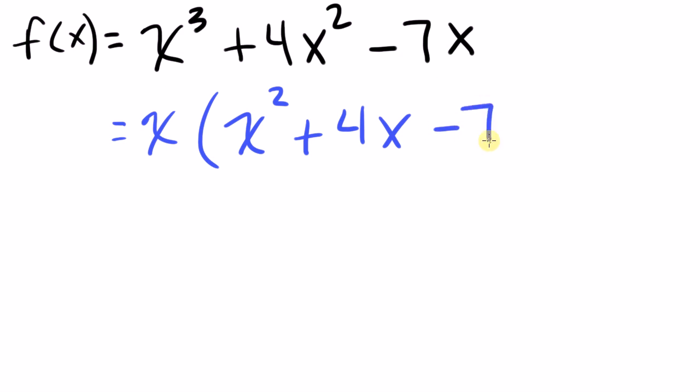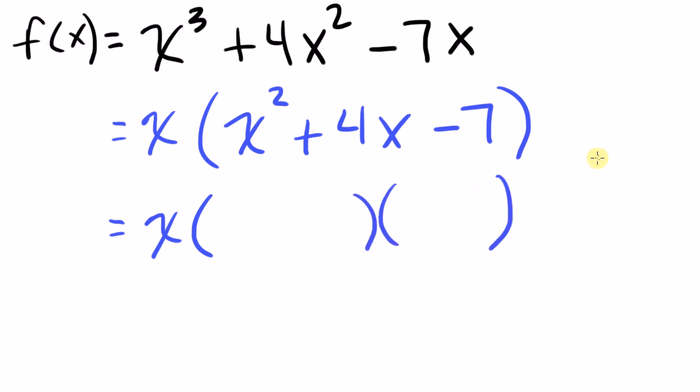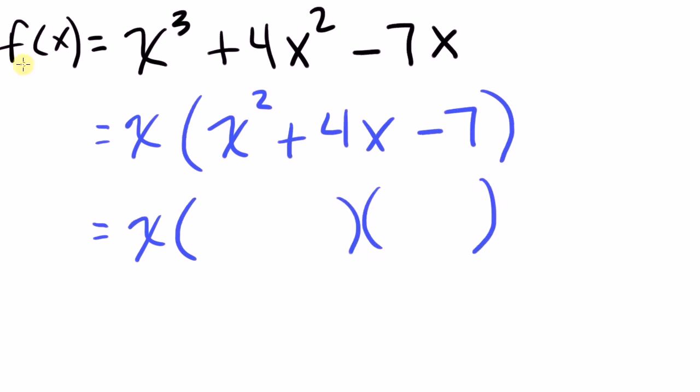Alright, so I need to factor this guy, and you guys might actually be better than I am with the factoring. The way that I do it is I draw a little table, and I have to have two numbers that when multiplied together give me negative 7 and a positive 4.